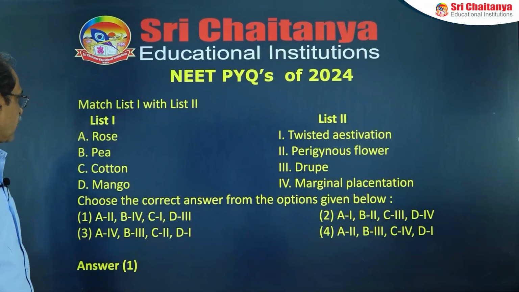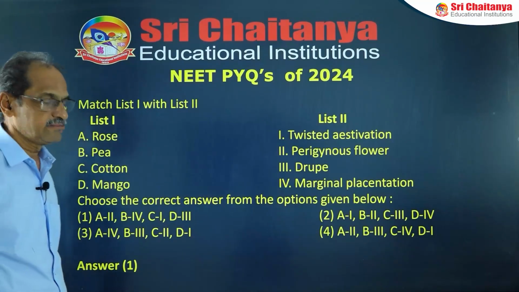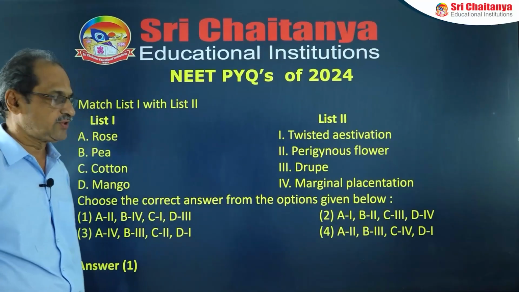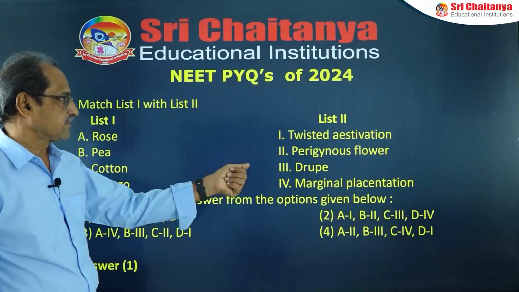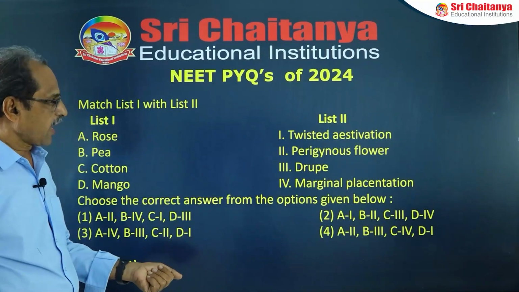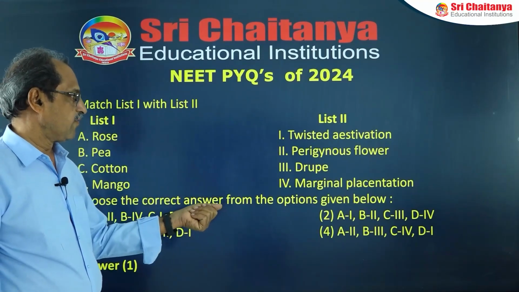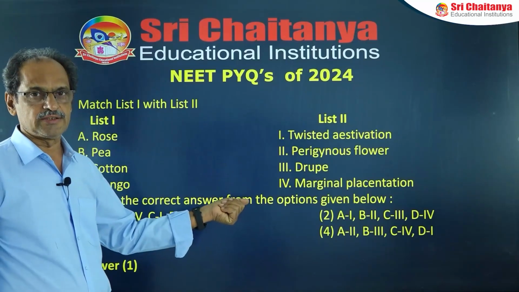Next, 2024 again, this is a matching type. In this 2-column matching question, one column is the example, the other is the character. It may be a floral character, a type of fruit, or placentation.